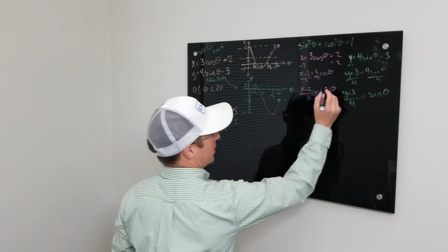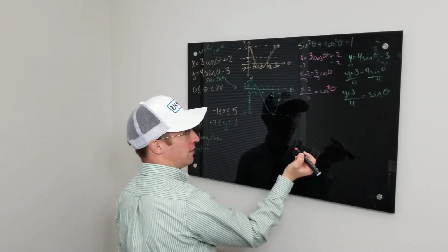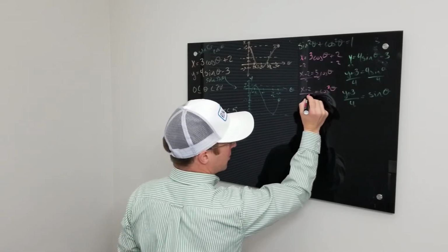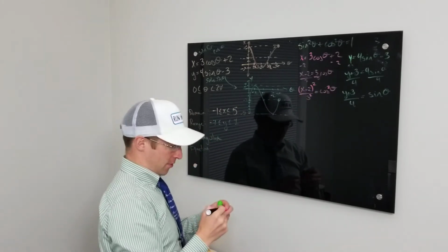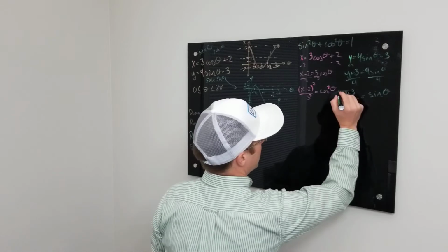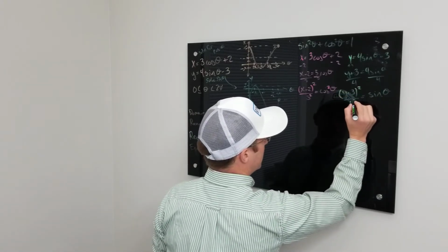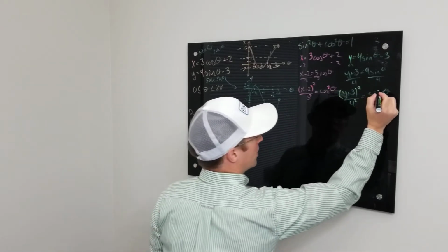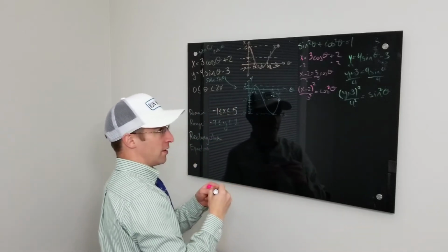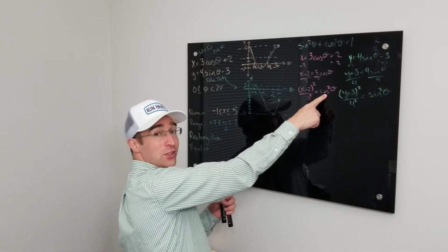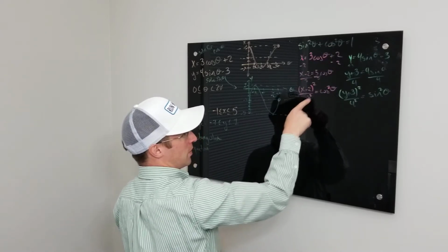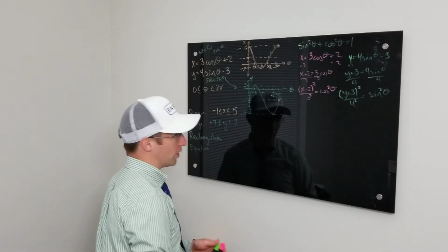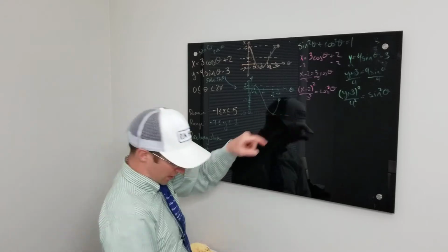So we're just going to square both sides of each equation. Here, I'm going to square the cosine theta, square the 3, and square the x minus 2. Here, I'm going to square the y plus 3, square the 4, and square the sine. Now I can replace cosine squared with x minus 2 squared over 9, because 3 squared is 9.